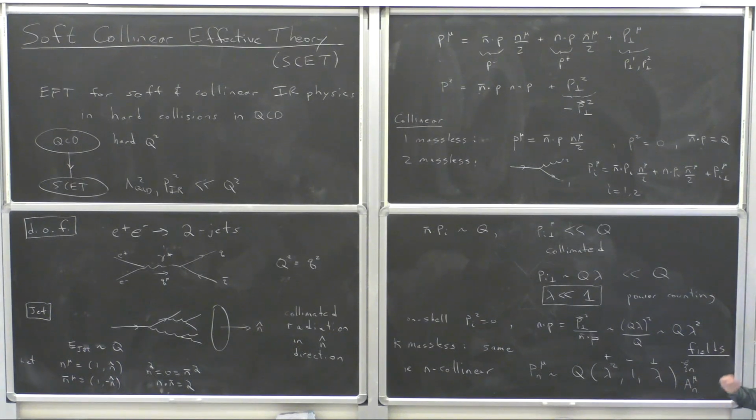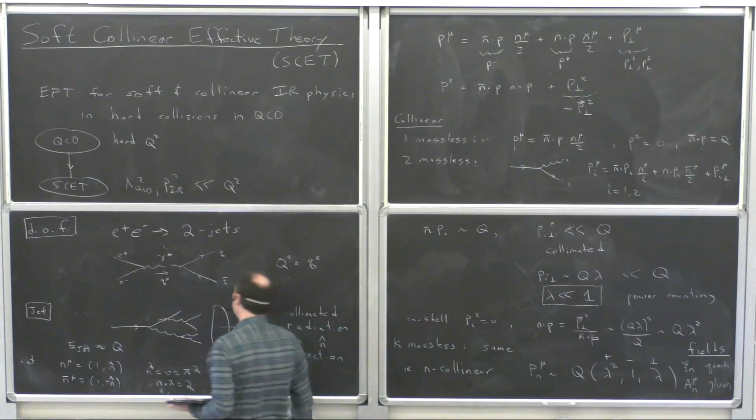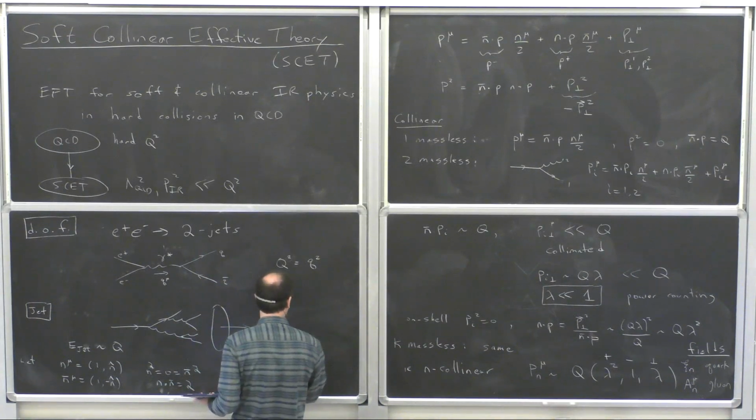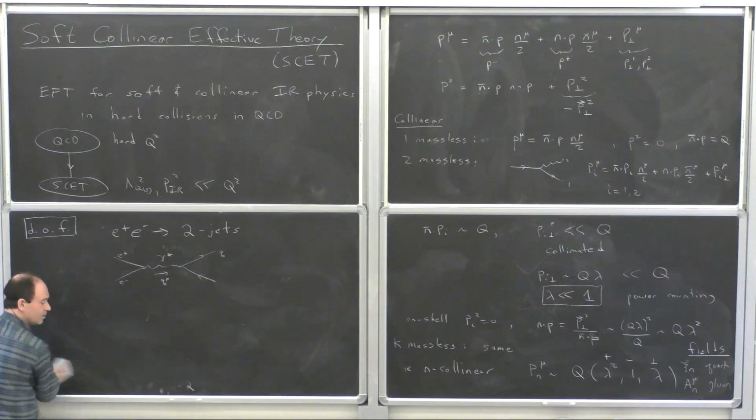This is kind of like the v that we put on as a subscript in HQET. So this is a quark field, and this is a gluon field. So these are going to be fields which have momenta that scale in this manner. They excite fluctuations that have momenta that are of that type.